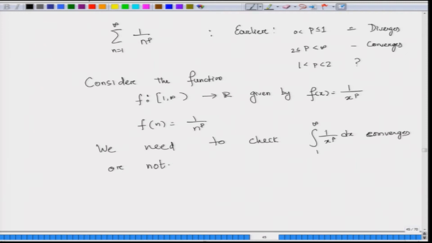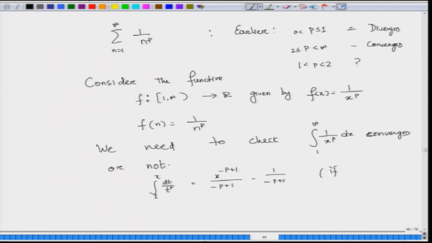In order to do that, the integral from 1 to x of dt by t to the power p must be Riemann integrable, and it is. Let us find the integral. The integral will be x to the power minus p plus 1 divided by minus p plus 1, minus 1 by minus p plus 1.